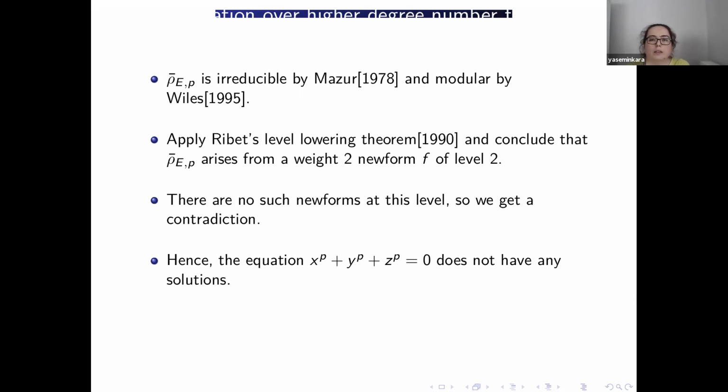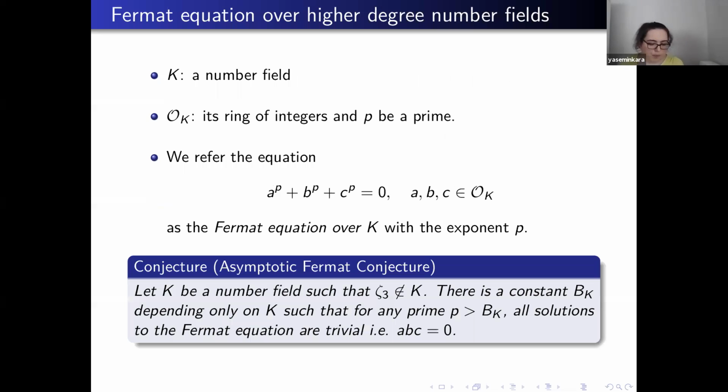Okay. Now, what is our aim? By the way, at the beginning, I talked about the history of Fermat's Last Theorem a little bit. But I told you that mathematicians, even in the late 19th century and the beginning of the 20th century, tried to solve this Fermat equation over some other number fields.